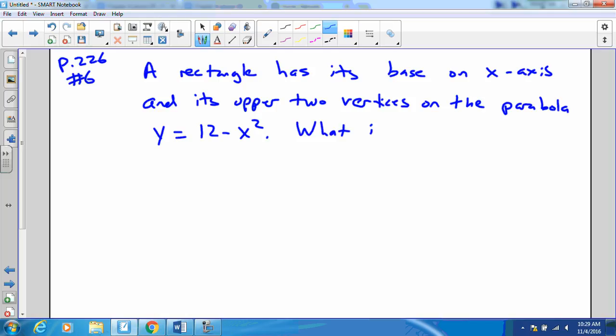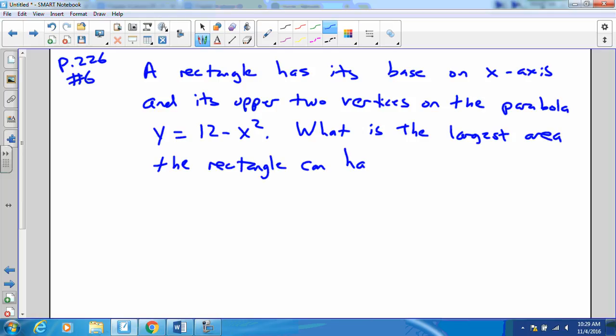What is the largest area the rectangle can have? I remember this kind of question. Good. And what are its dimensions?